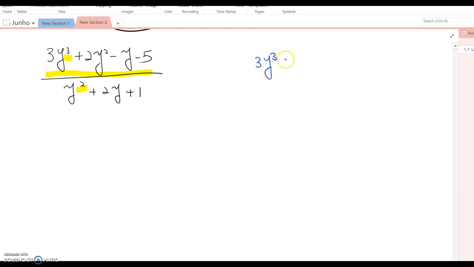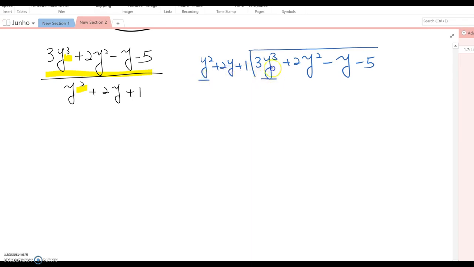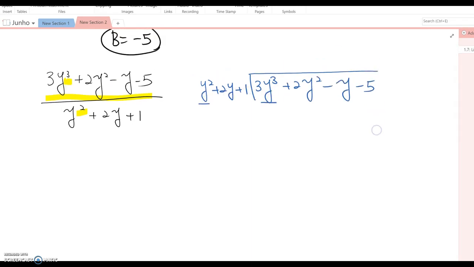3y cubed plus 2y squared minus y minus 5 divided by y squared plus 2y plus 1. Okay, so just compare the leading terms here, then we can put 3y.